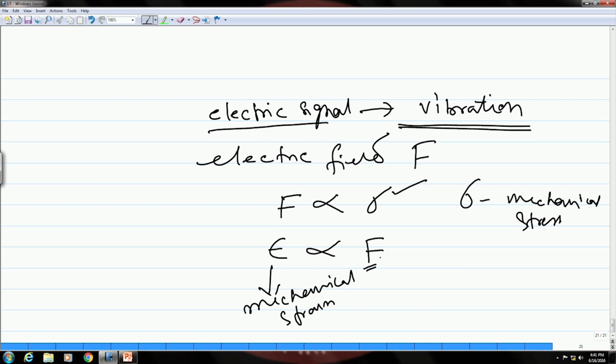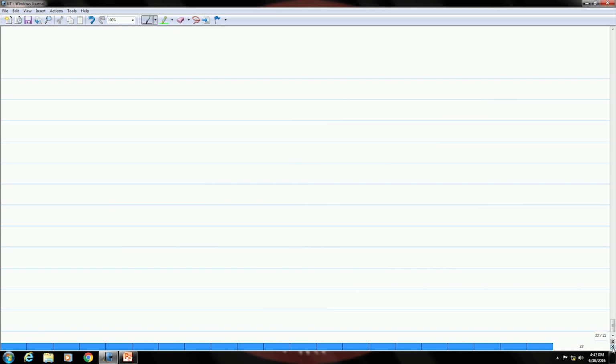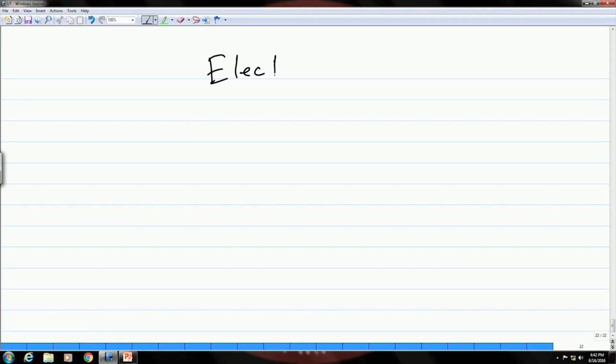So, either way, an electrical signal can be converted into mechanical vibrations and vice versa. Let us write these equations once again by introducing proportionality constants. Alpha and beta are the constants. This kind of transducer, wherein you convert an electrical signal into mechanical vibrations, is known as an electroacoustic transducer.